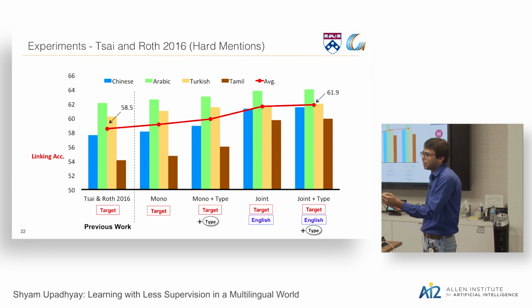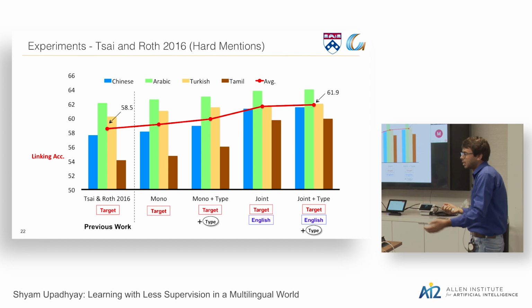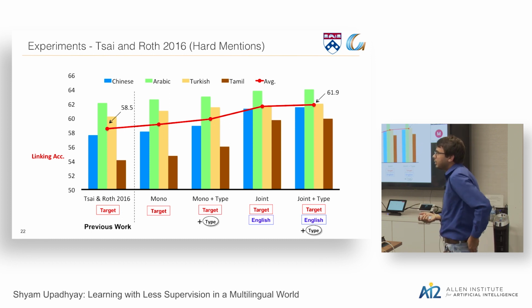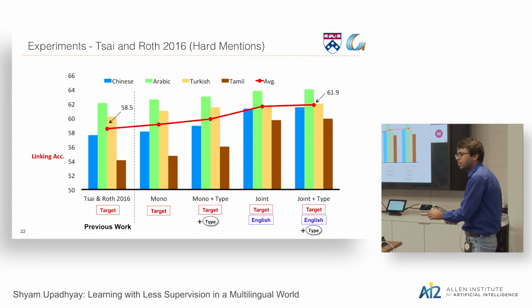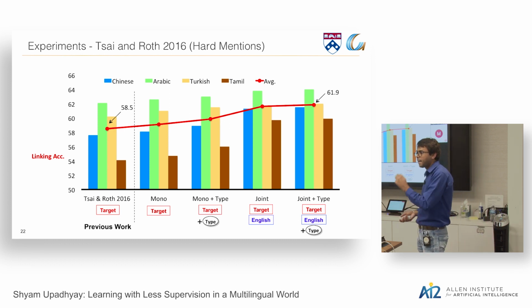So you cannot really assert that it's helping one language more than the other. You could talk about relative error reduction. In that respect, I think the low resource languages do get more benefit, but the reason for that might be because there might be less ambiguity in the low resource test data itself, because the low resource languages will have smaller Wikipedia, smaller number of entities, so it's a slightly easier problem. Does that make sense? Yeah.